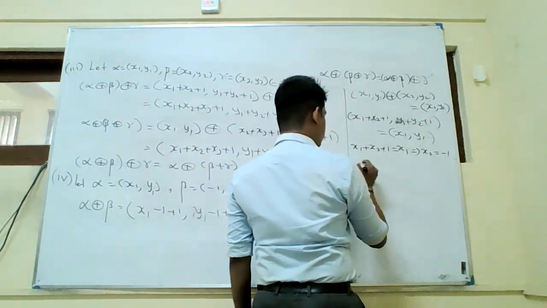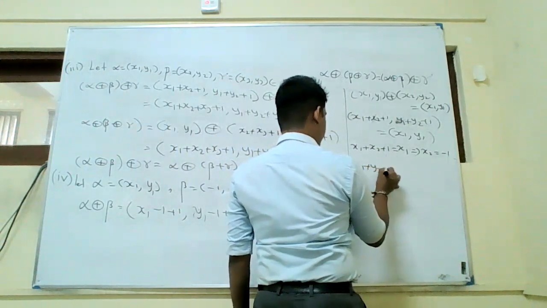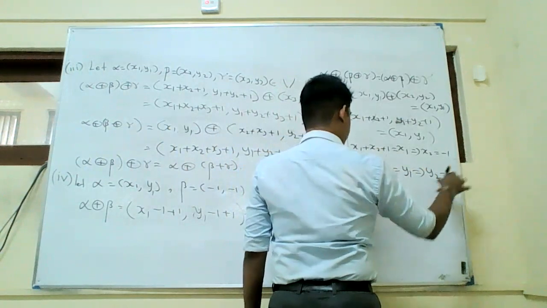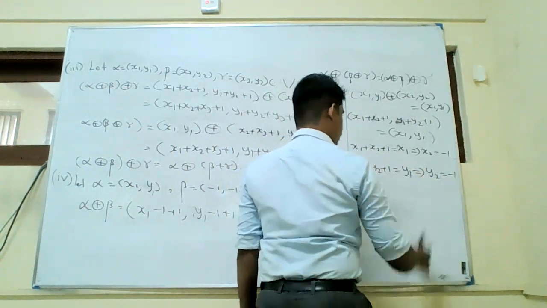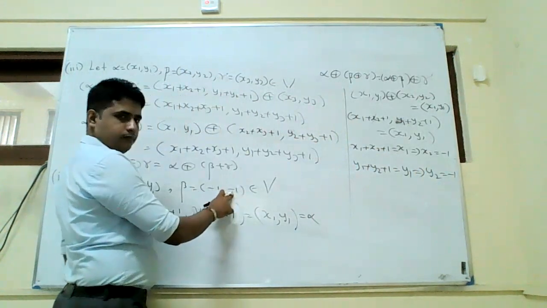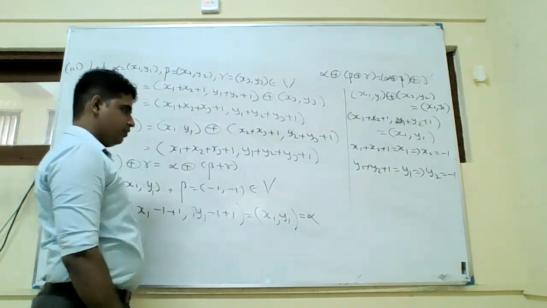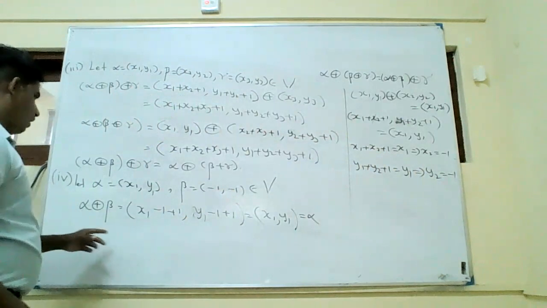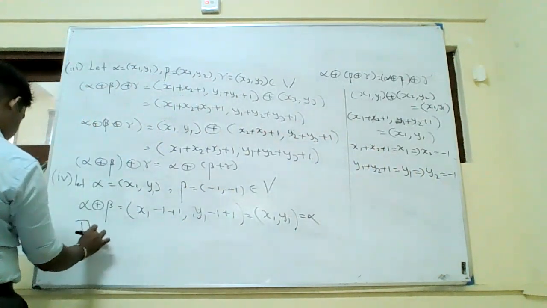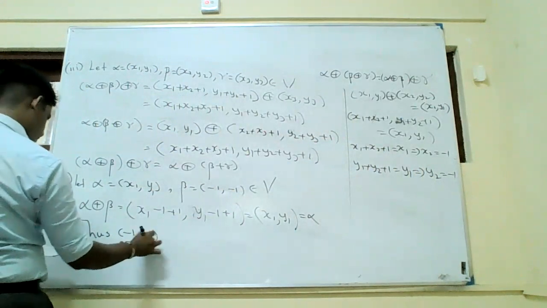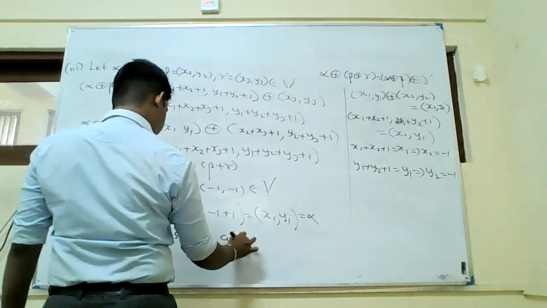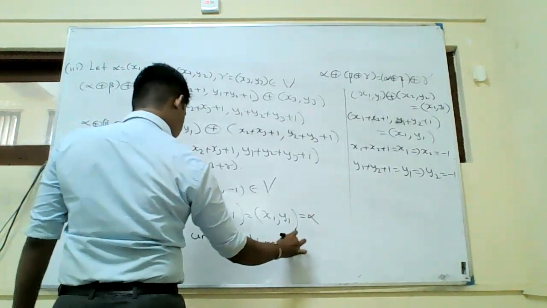Now find y2: y1 plus y2 plus 1 equals y1, which implies y2 equals minus 1. Therefore, (-1, -1) is the additive identity.